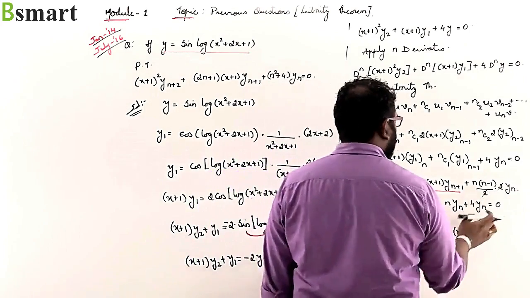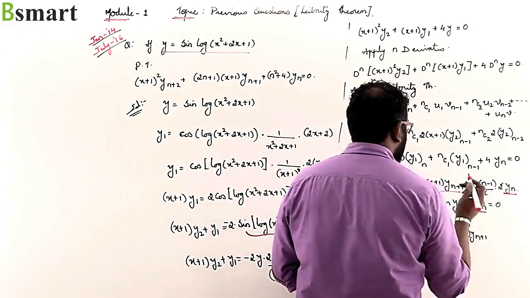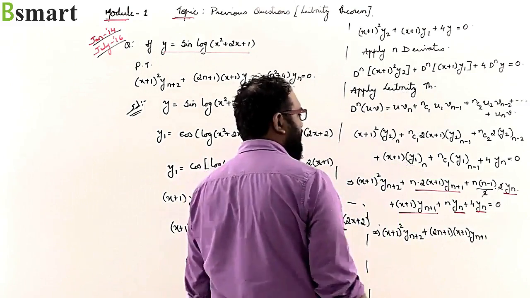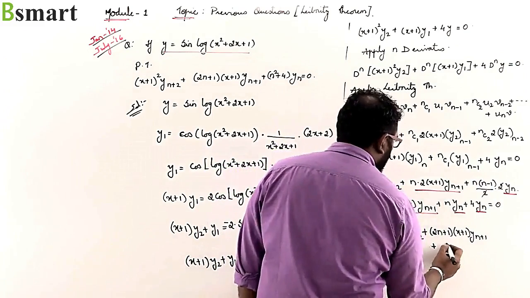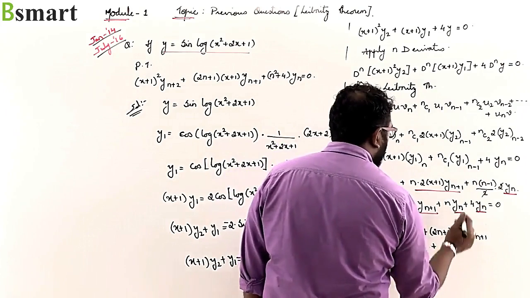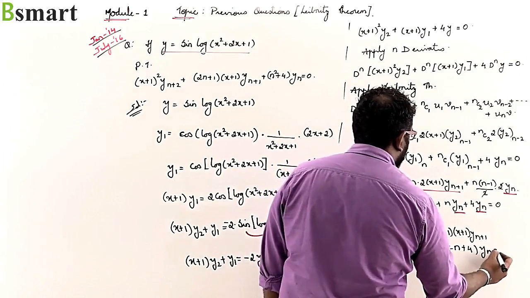So from all these three, I'll take yn common. If we are taking yn common, then that will be plus n into n square minus n plus 4 into yn is equals to 0.